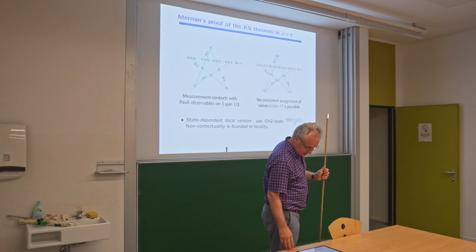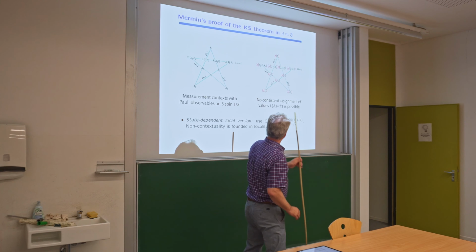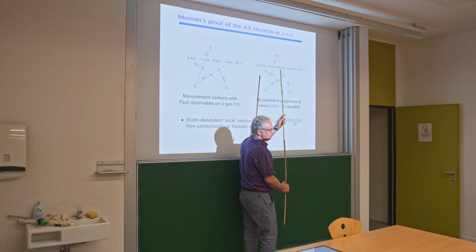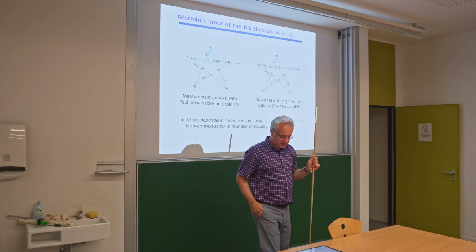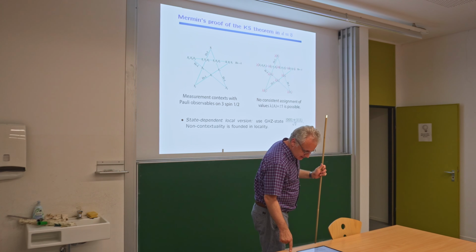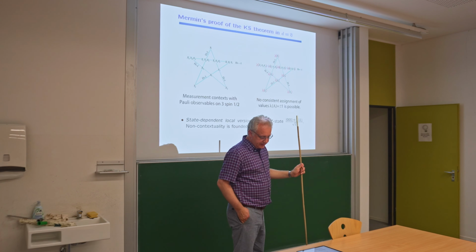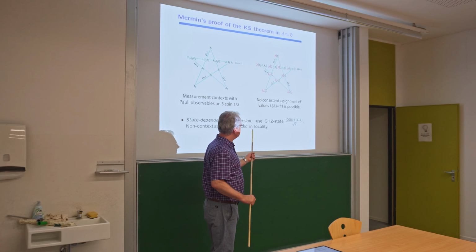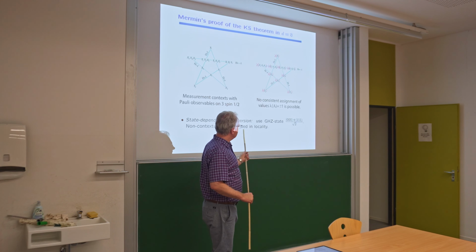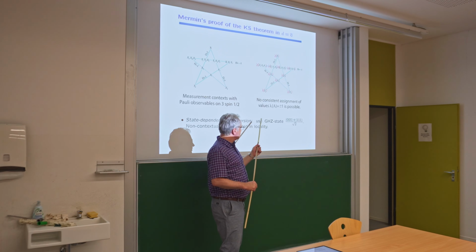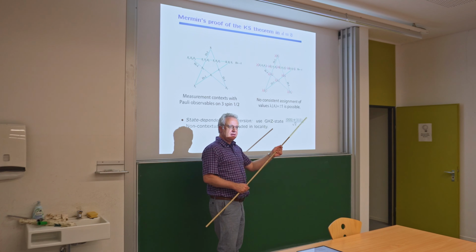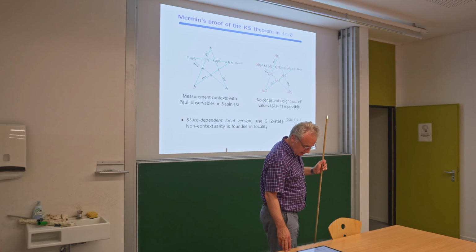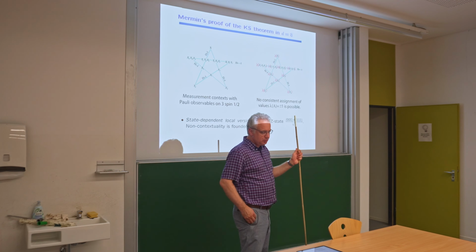But now the question of values is for local observables only, and that's what Mermin wanted. So that is the state-dependent Mermin star. It is a contextuality proof that stands somewhere between Kochen-Specker's original proof and the Bell inequalities, and that's exactly what he wanted. Good. So I'm not reviewing how this proof goes.